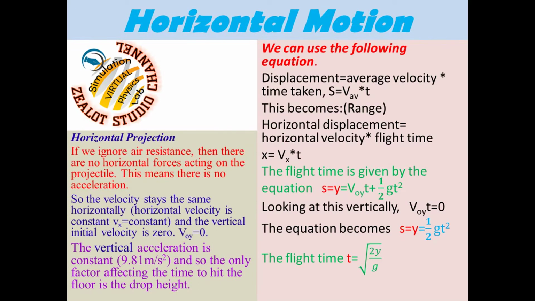So the velocity stays the same horizontally, which means the horizontal velocity is constant, that is Vx. Horizontal means x, and vertical means y.